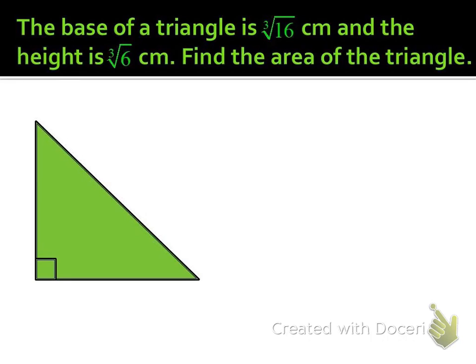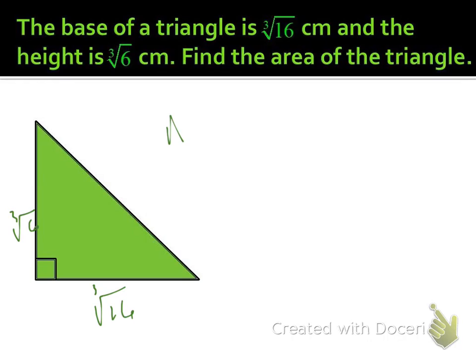All right. A couple of story problems, geometry type problems, right? So the base of this triangle is the cube root of 16. And the height is the cube root of 6. Find the area of the triangle, and we want to leave this in simplified radical form.